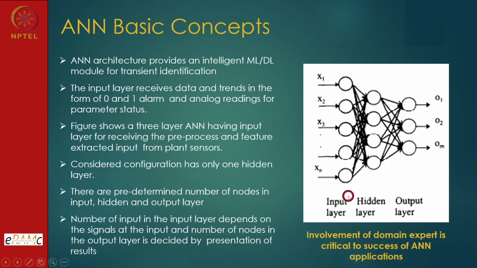If there is an ANN with three layers, an input layer, a hidden layer, and an output layer, each layer will have a number of nodes. Here you will understand the number of data will govern x1 to xn. If there are 20 data sets or 20 vectors, then we have 20 x here.